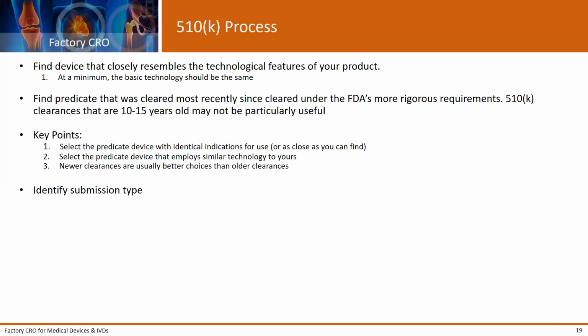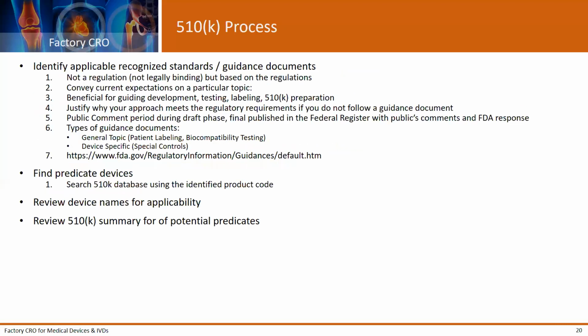If you search the database, you can see what kind of submission comes with a product code that you have been looking for. Hopefully you will find 510K here, because if you have a Class 3 product, then 510K is not applicable. Okay, please advance.